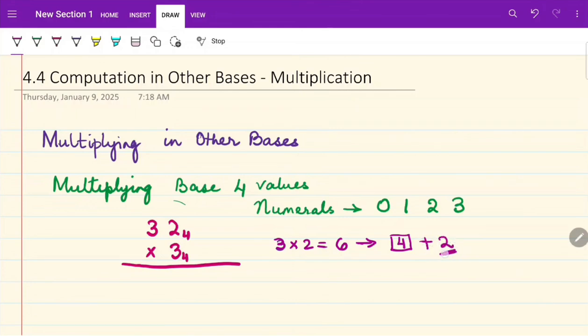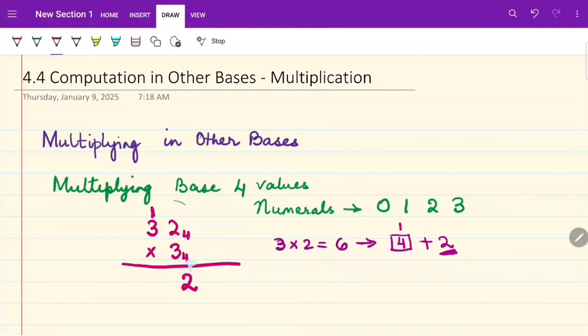This 2, the remaining part, we are going to put here as the first rightmost digit in the answer to the multiplication, and this bundle of 4 that we created is going to be carried over. It's one bundle, so it's going to be written as a 1 above.